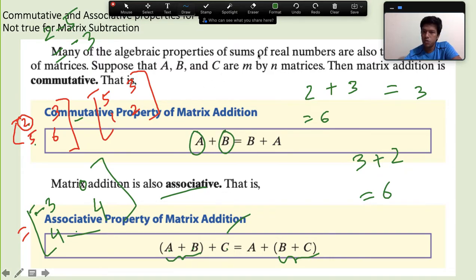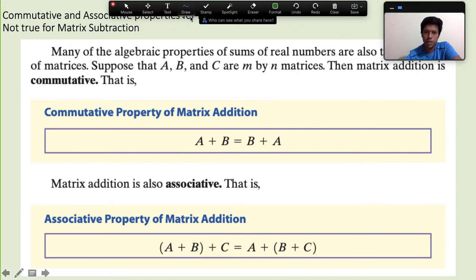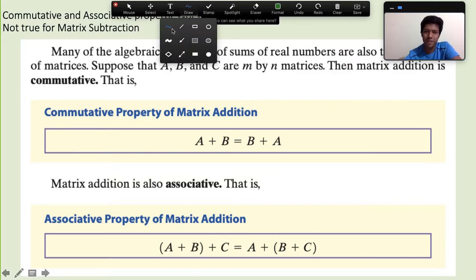But this is not true for subtraction. We can actually explain it with a very simple rule.